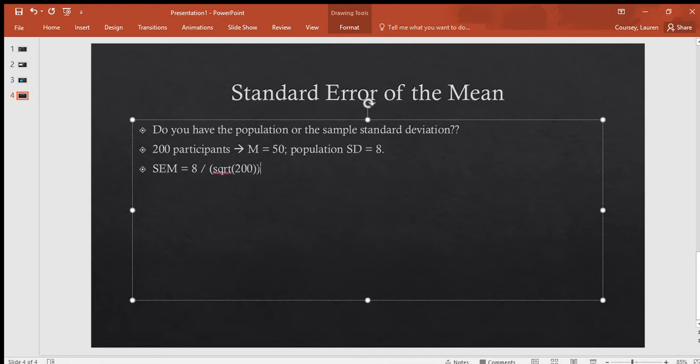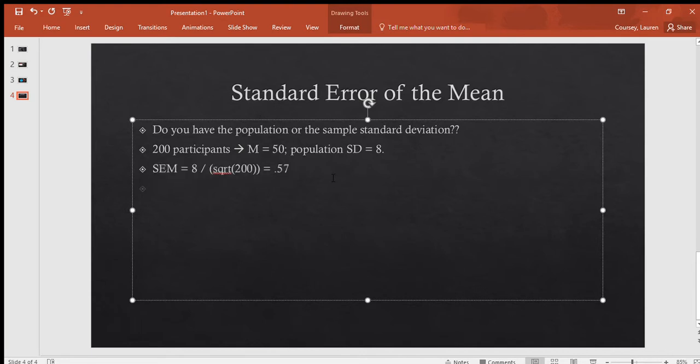So the square root of my N, my total number of participants, which is 200. So the standard error of the mean in this particular example would be 8 divided by the square root of 200, which gives us 0.57. So the standard error of the mean here is 0.57.